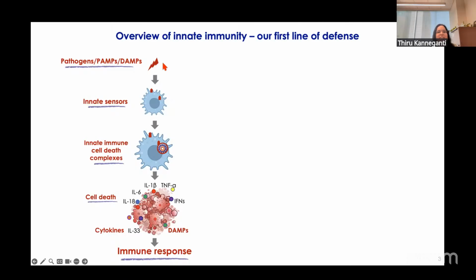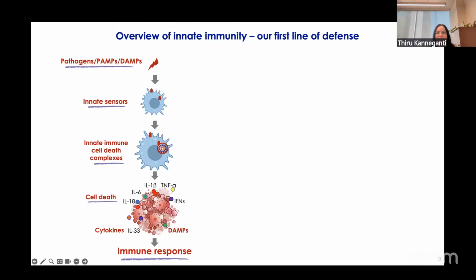And once we sense any of these danger signals, then our innate immune sensors sense the danger and form these multi-protein complexes that are essential for driving cell death, which is lytic and inflammatory. And it's inflammatory because it leads to the maturation or release of several inflammatory cytokines, mounting an immune response. So is this as simple and straightforward as you see here?